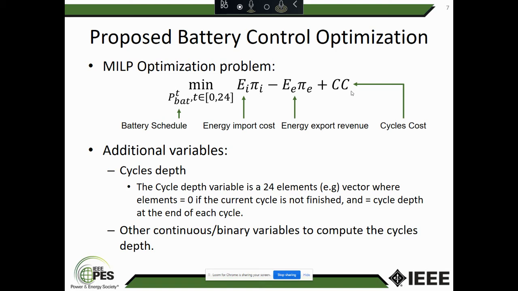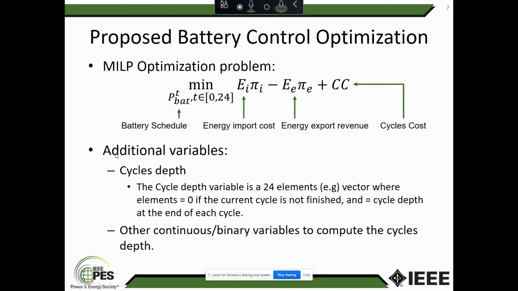And we include that in a formulation that optimizes the economic situation of the household. So basically the life cycle has been converted into dollars or euros and is included into the objective function.